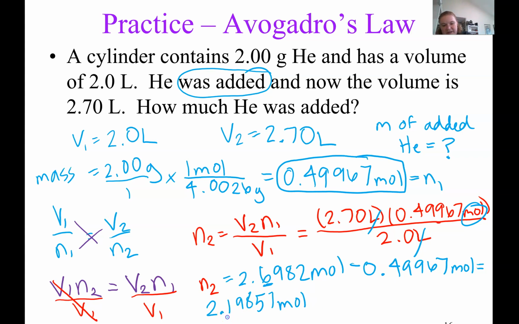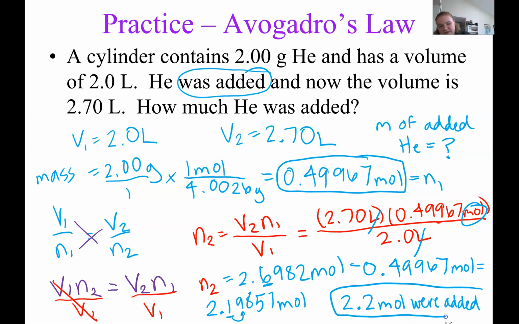And we're going to cut that off at that 2 significant figure mark. So 2.2 moles were added. Now we could convert that over to grams if it was asking for it, but we can leave it in moles because it's not specified. And I ran out of space.